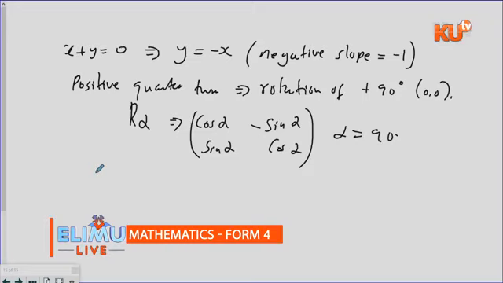Now the point 2,3 can be reflected on the line y equals negative x, which gives us a negative slope of negative 1.